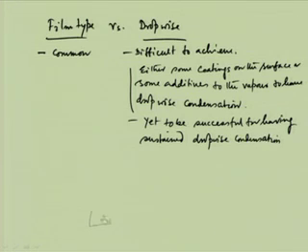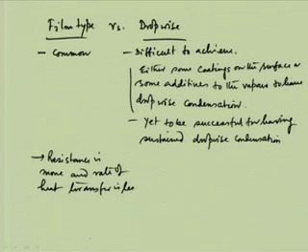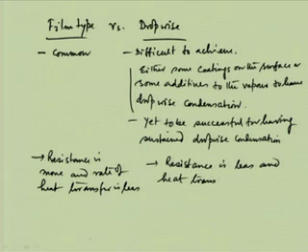Okay. At the same time we can say that in case of film type condensation, the heat transfer coefficient is less, because here the resistance is more and the rate of heat transfer is less, and in dropwise condensation the resistance is less and the heat transfer rate is high.